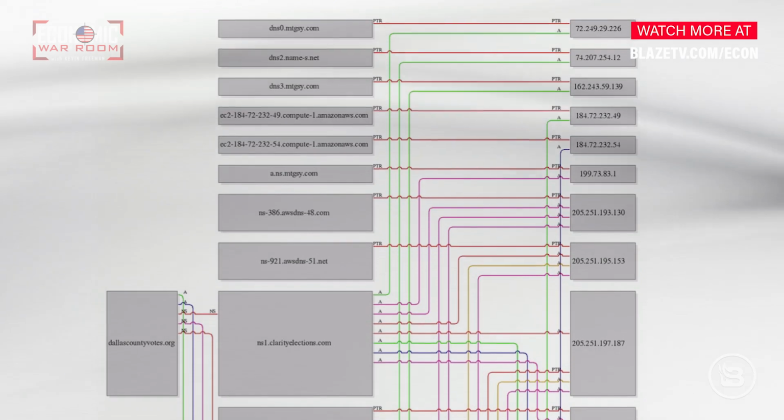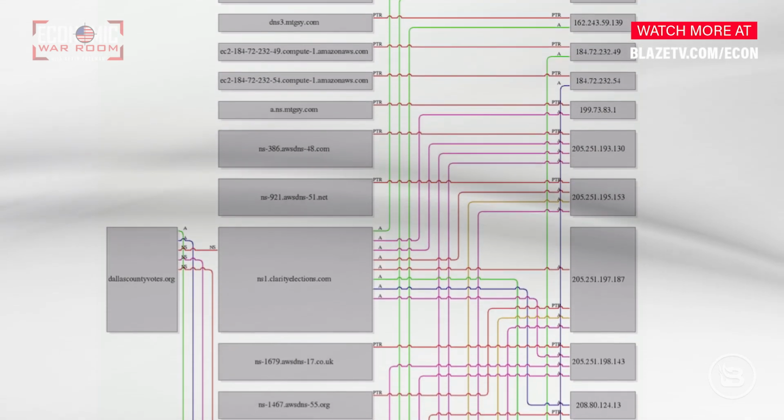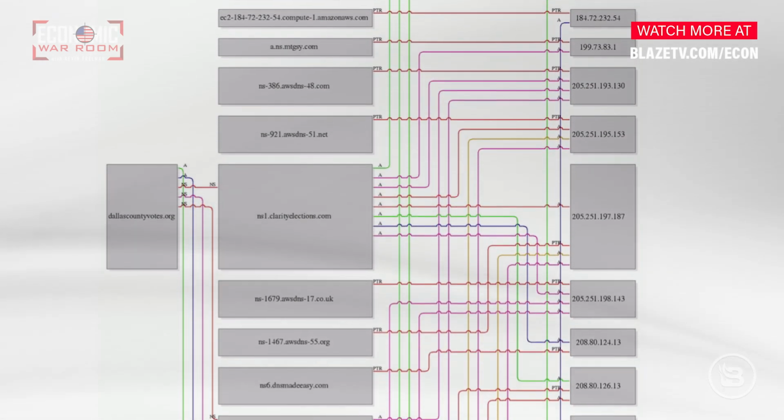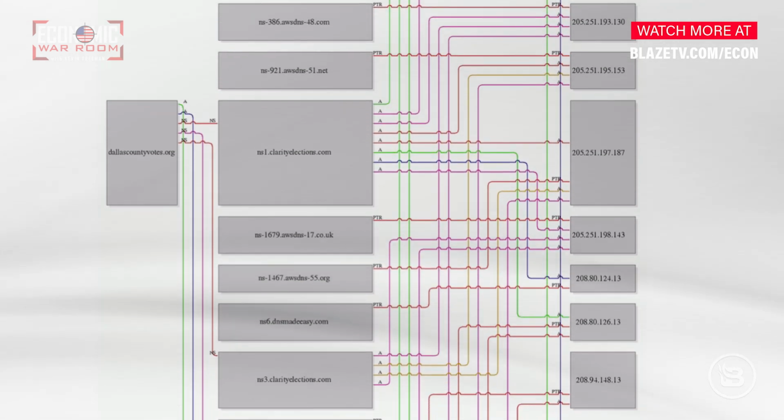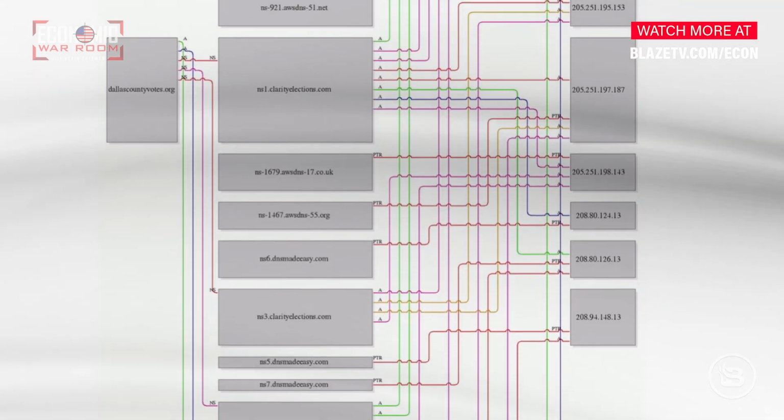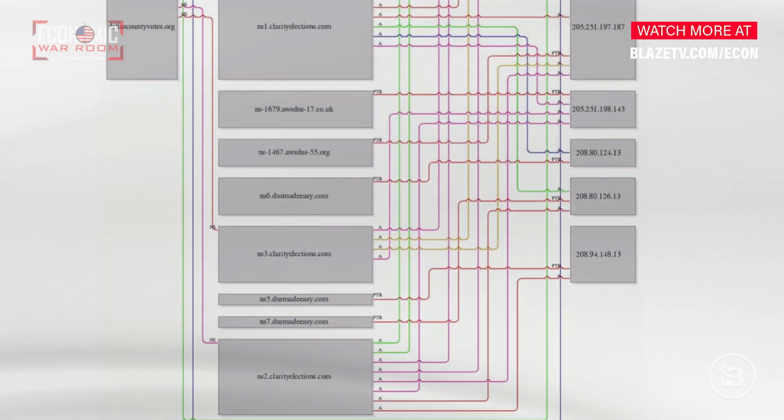They've worked with SOCOM, the CIA, the NSA, all these people. And what you're seeing here are all the connections for DallasCountyVotes.org. And if you look at this, you see that it is connected to IP addresses all over the place. How anyone in their right mind can say that this is air-gapped and not connected to the internet is just ludicrous.